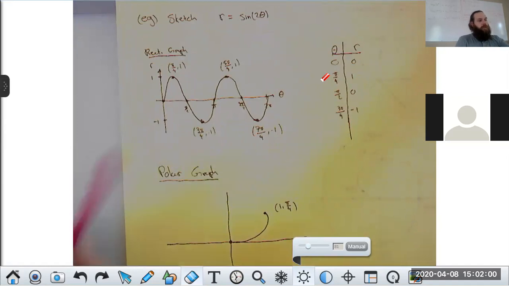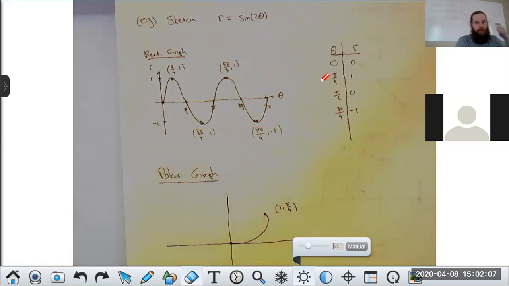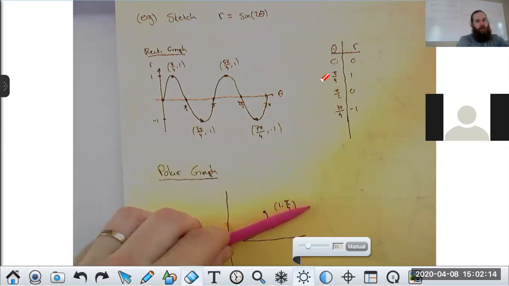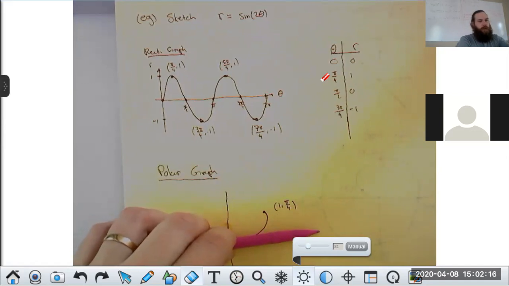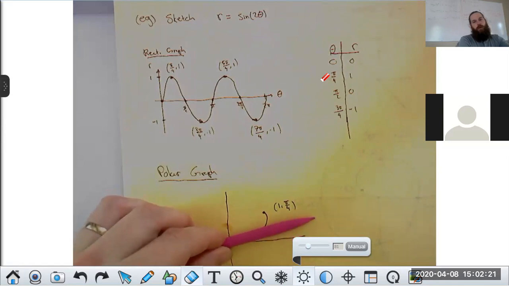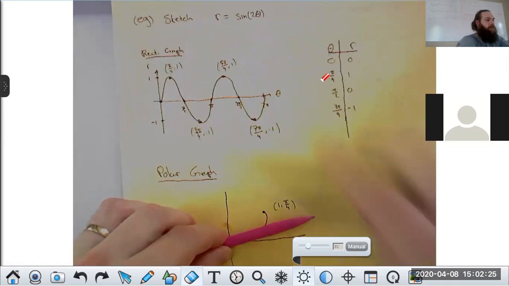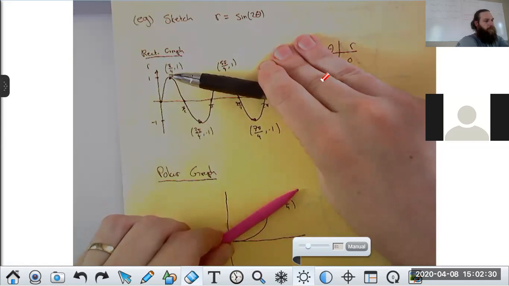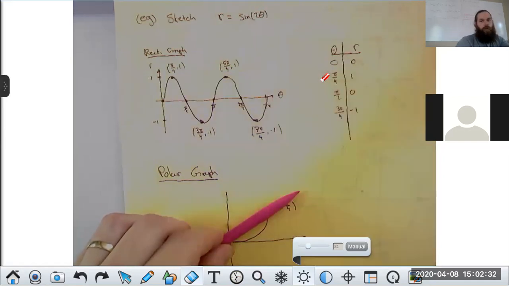This first little part of the rectangular graph corresponds to this first little part of the polar graph. As theta rotates from 0 up to pi over 4, r gets larger and goes out to a max of 1. Here's theta equals 0, r equals 0. Here's maybe theta equals pi over 12, and r is small. And by the time I get out here to pi over 4, r is all the way out to 1.